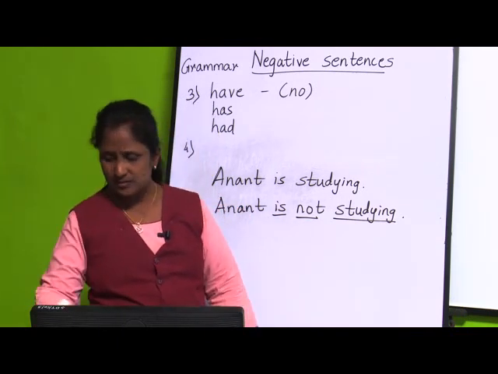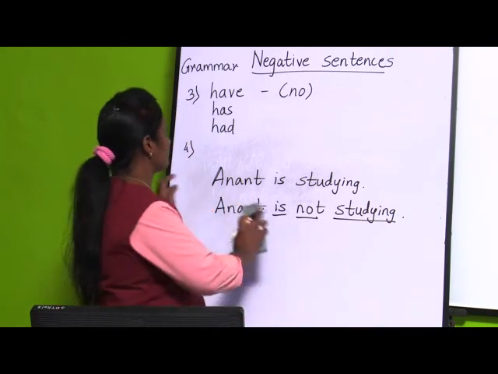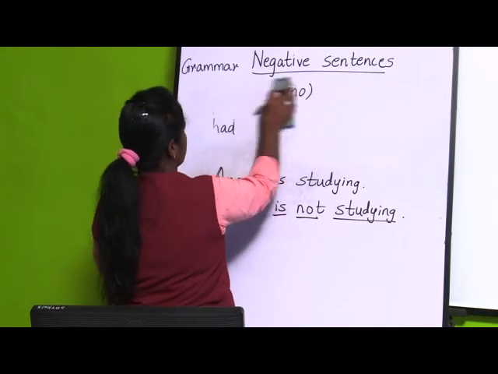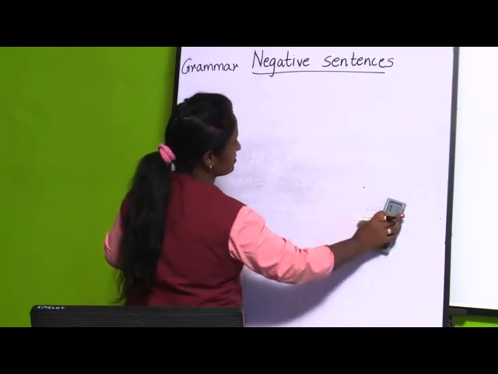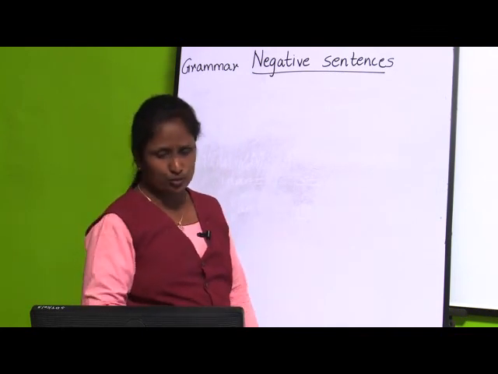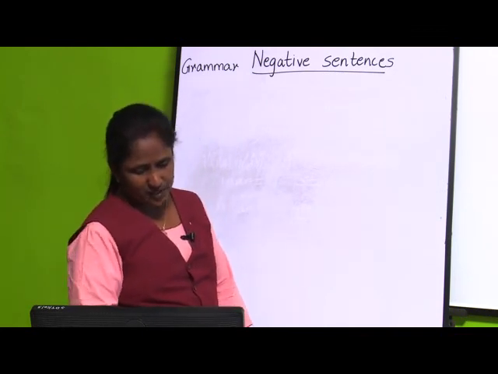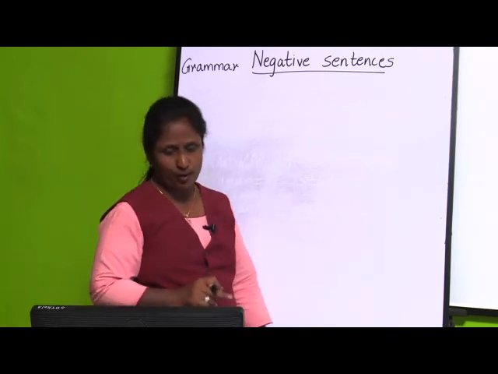Now the next rule we will be seeing is when the verb is in the simple present tense. In many cases, many rules are there, children. You have to practice it, then only you will understand the rules when you go through it daily. When the verb is in the simple present tense, we use do not or does not.